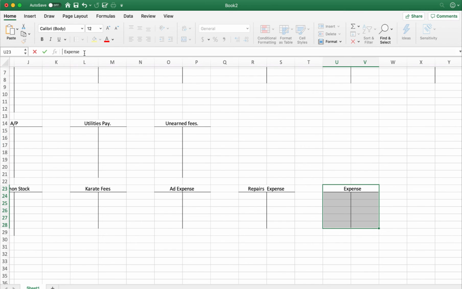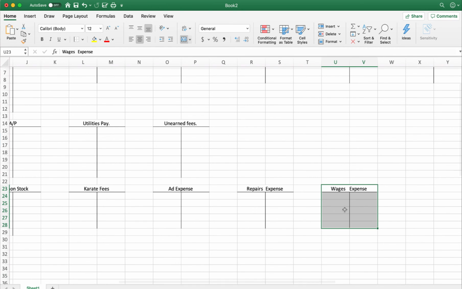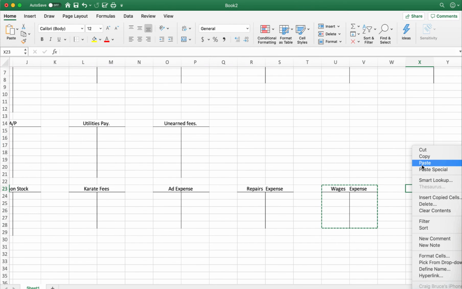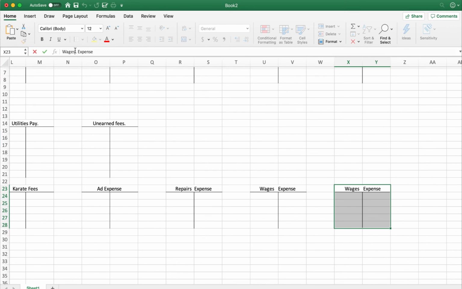After repairs expense, we have wage expense, and definitely we'll see wage expenses, regardless of the company. They hire employees, they have to pay those employees. We'll definitely see those as well. Okay. After our wage expenses, they give us rent expense.